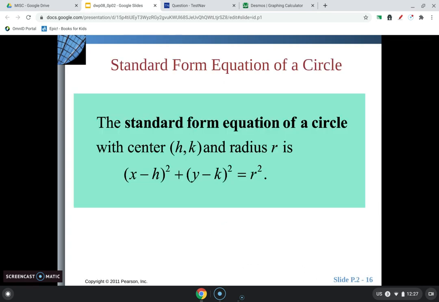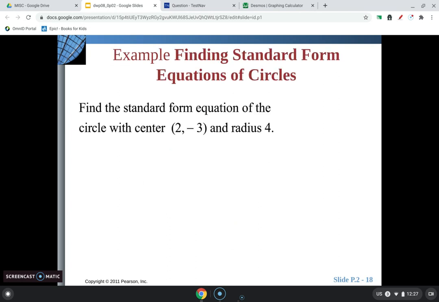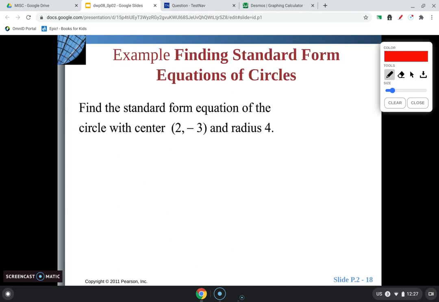All right, standard form of the equation of a circle with center (h, k) and radius r is (x minus h) squared plus (y minus k) squared equals the radius squared. This is review again. You saw this in geometry. Standard equation of a circle. So there's your circle, (h, k) the center, r the radius. So find the standard form of the equation of a circle with center (2, negative 3) and radius 4.